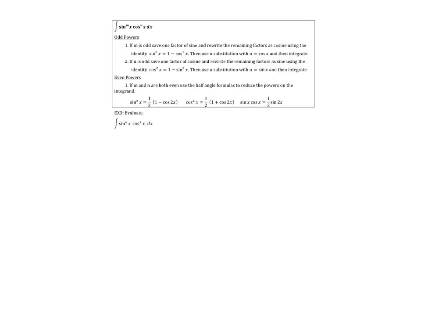So if your n is really large, then what you're going to end up with is an integral that still has, say, well, let's just say n is equal to 4. So you'll have sine squared, and you'll still have to reduce that. But then you can use the reduction formula again. So you are allowed to use these over and over again until you get something that you can integrate.